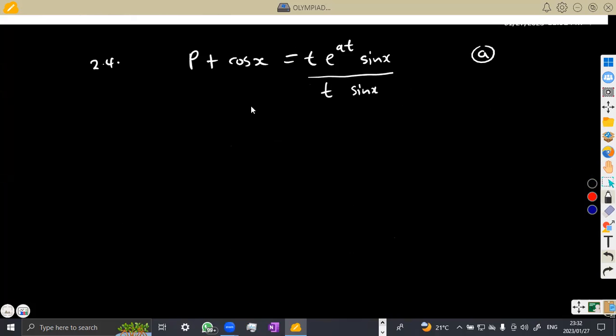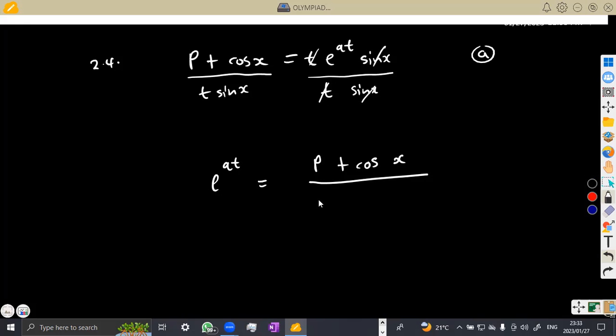If we divide both sides by t sine of x, t and t will cancel, sine and sine will cancel. We remain with e to the exponent of at, which is equal to the whole of this expression, which is p plus the cosine of x, everything over t, the sine of x.